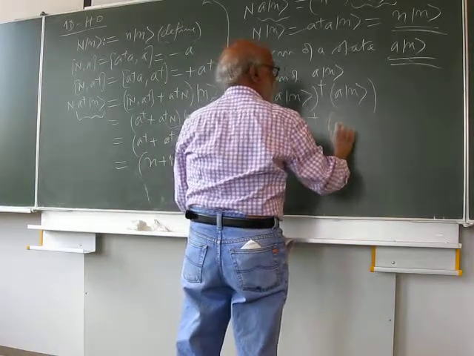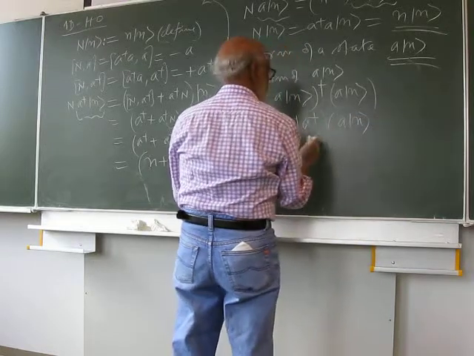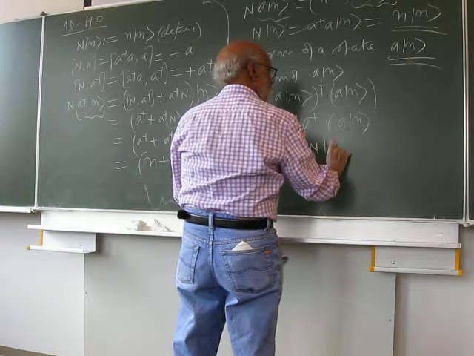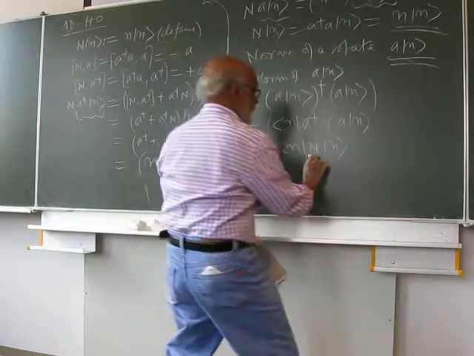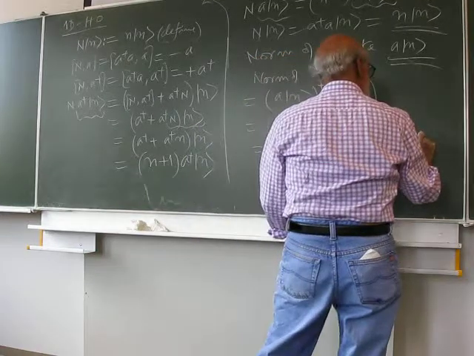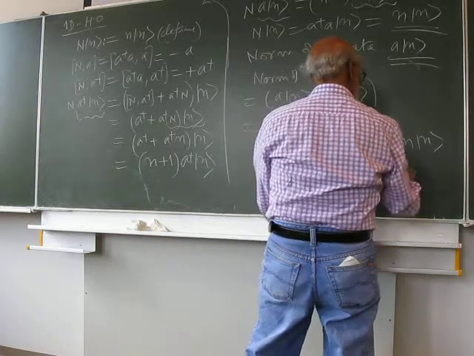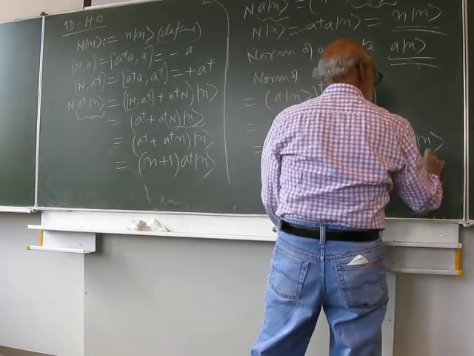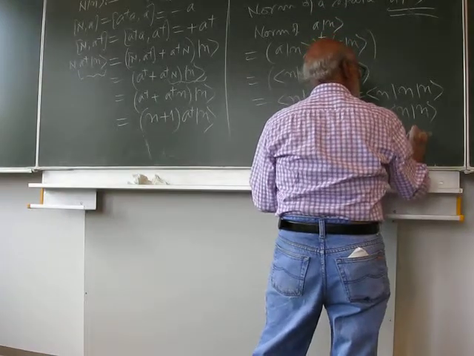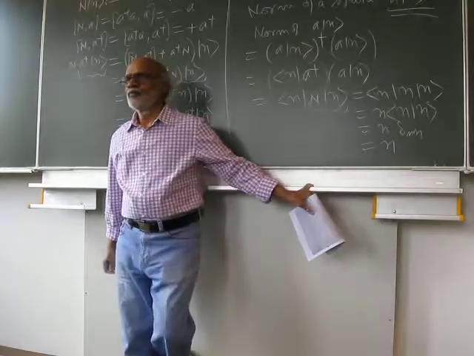So it is this times A times n, and this H equals n, and this gives me n, and this gives me m delta n. This is equal to n.